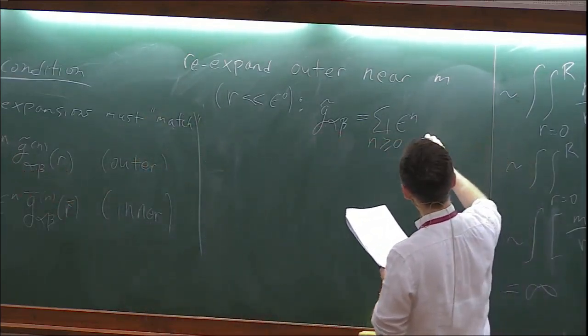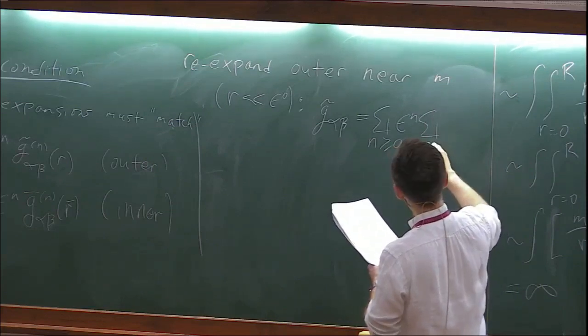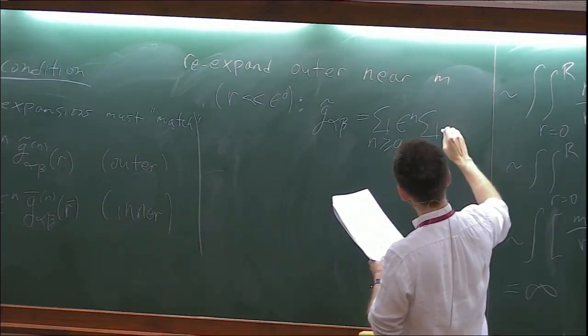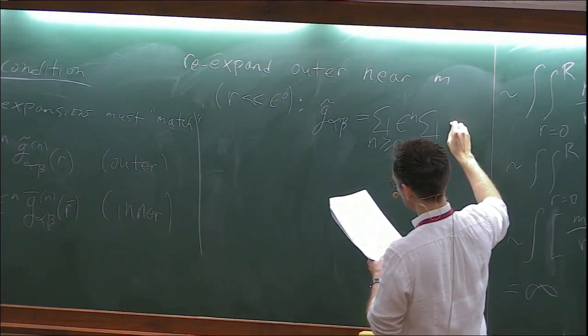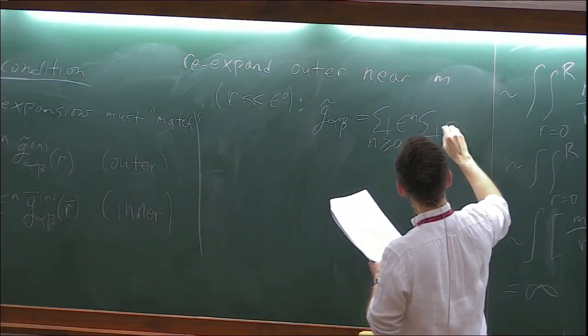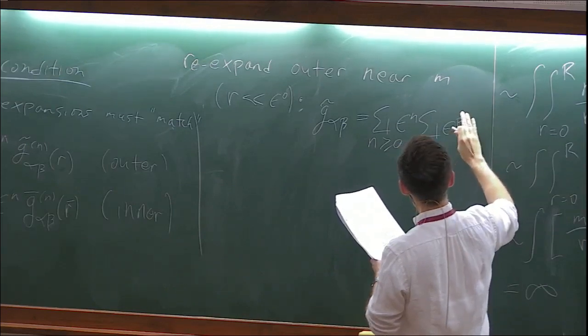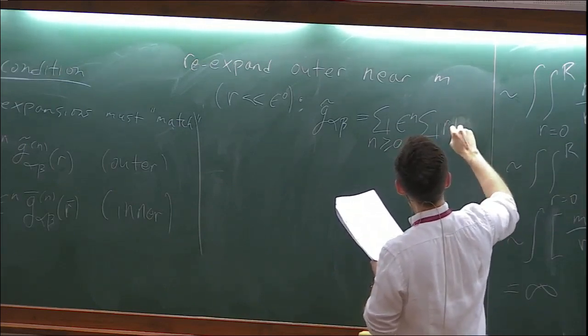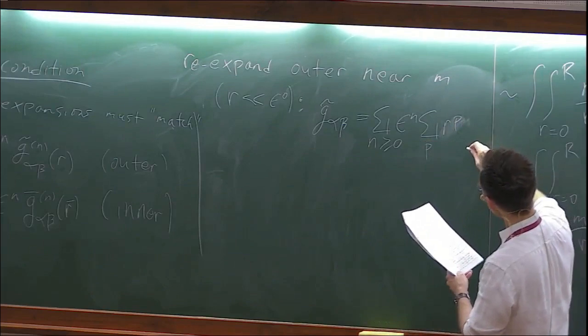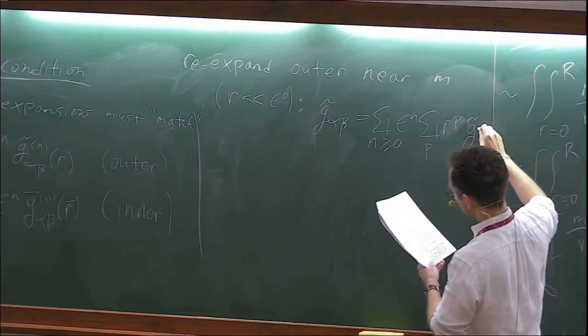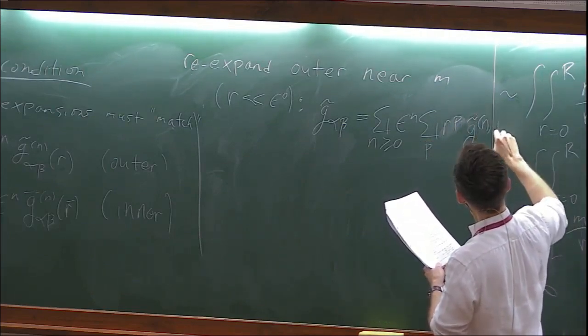So we've got epsilon to the n, and then a power series in r to the p, g tilde n p.